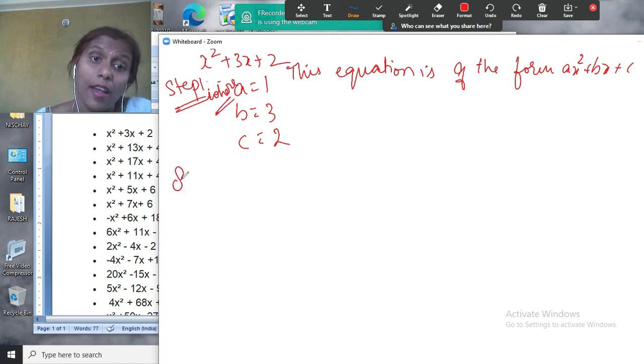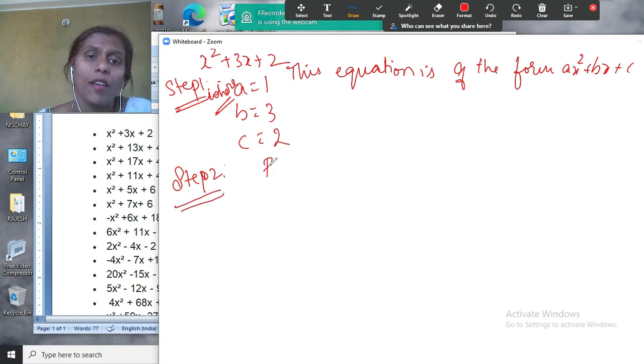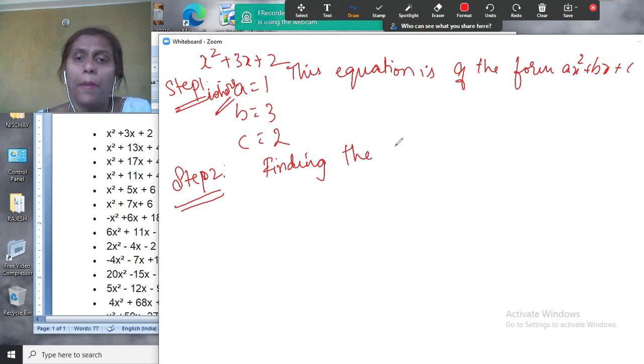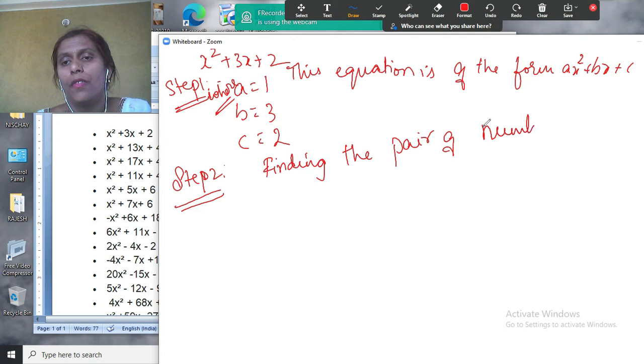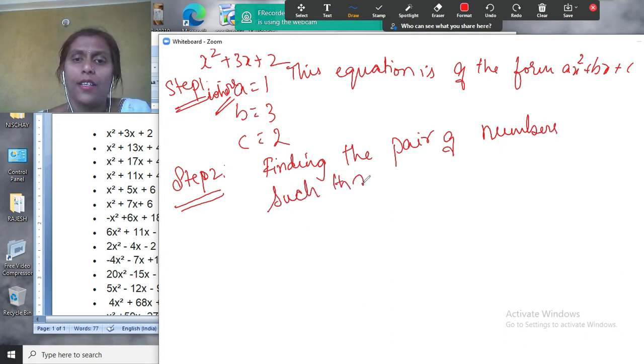Now step 2, what are we trying with this step 2? Finding the pair of numbers. How? Such that m plus n is equal to b and m into n is equal to a into c.